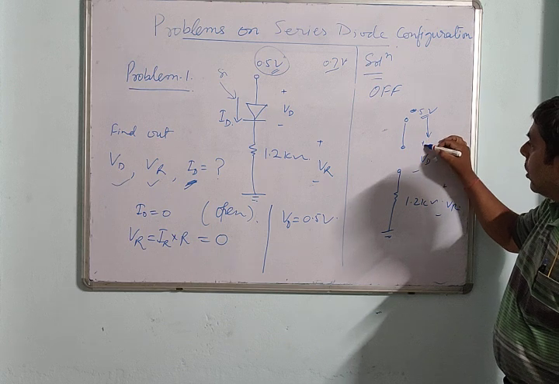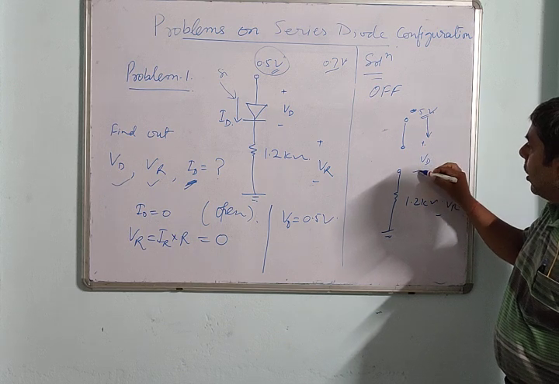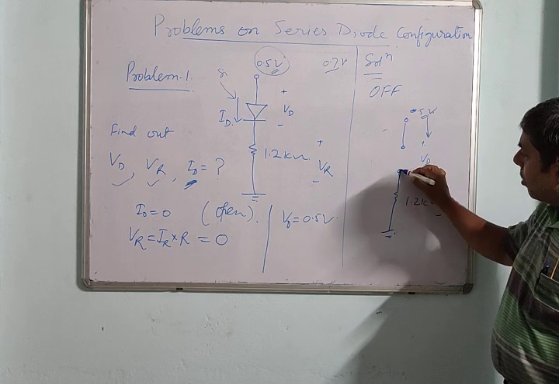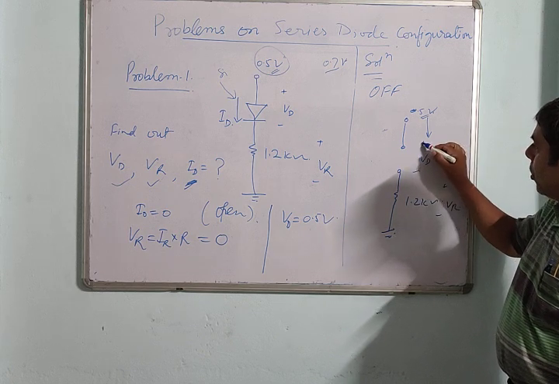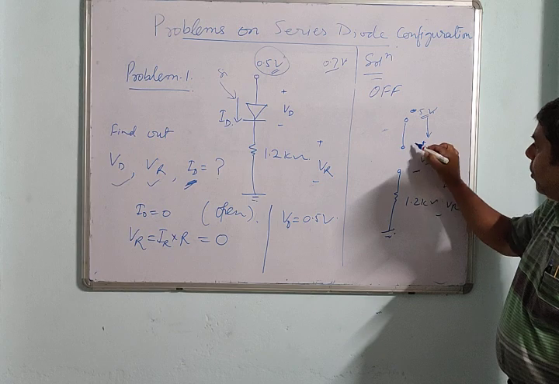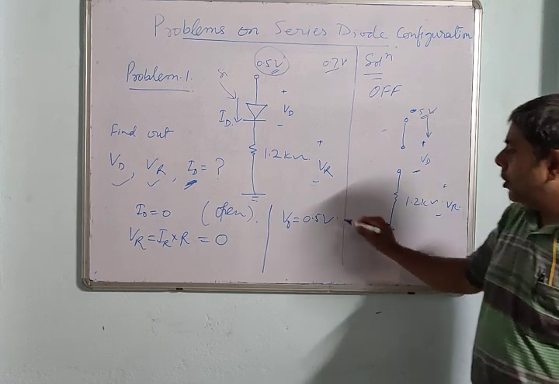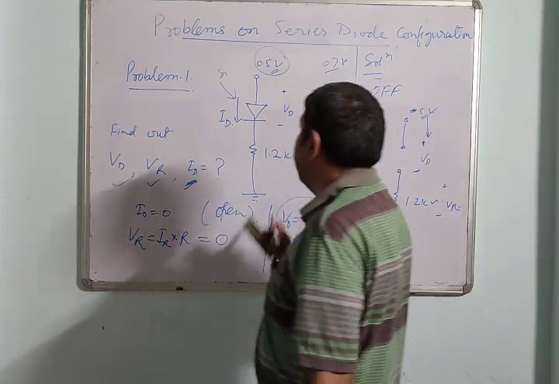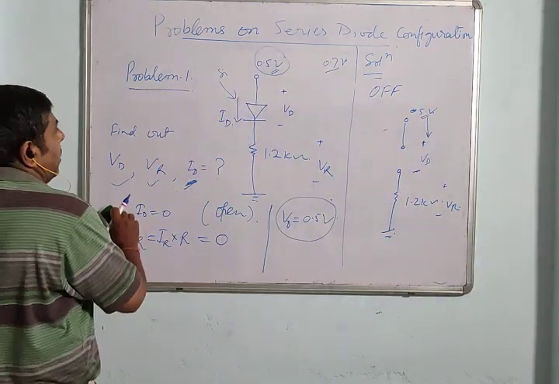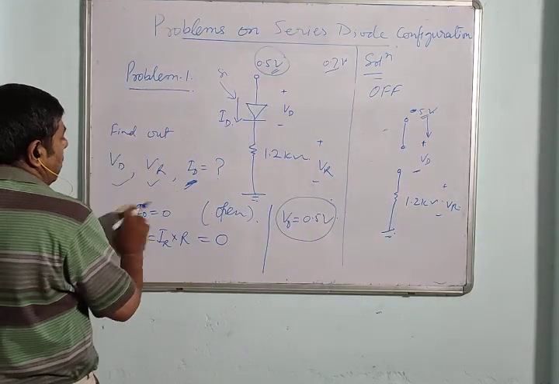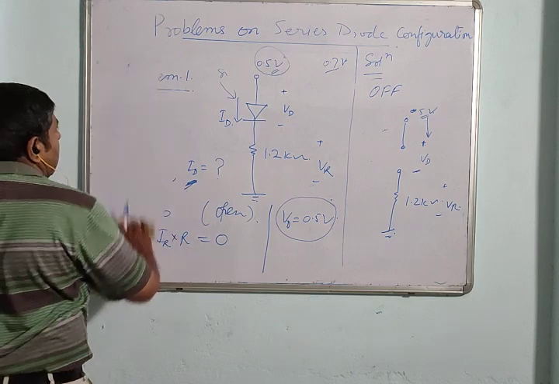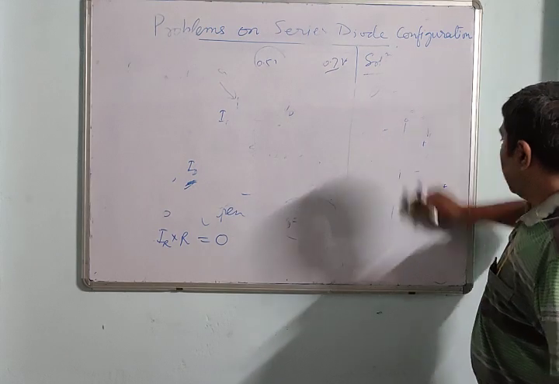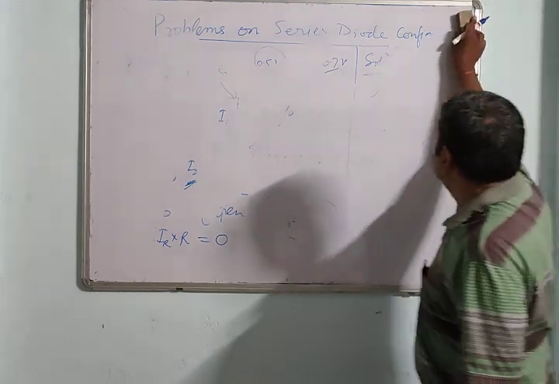This positive terminal is connected to 0.5 and the negative terminal is ground. Because there is no current, the drop here is 0 volt. So the potential difference between these two terminals is 0.5. So this is the analysis for this simple circuit. Obviously, for this circuit, the diode is in off state.